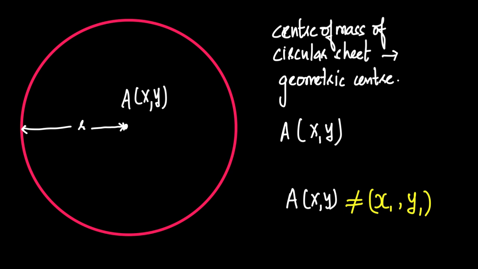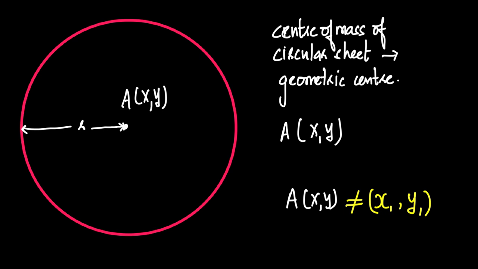Why? Because of the symmetry. In which case, for this circle here, A(x, y) represents the center of mass of the circular sheet. Now, this A(x, y), the point A having coordinates x, y, is not equal to x1, y1 in the formula of center of mass. Why?